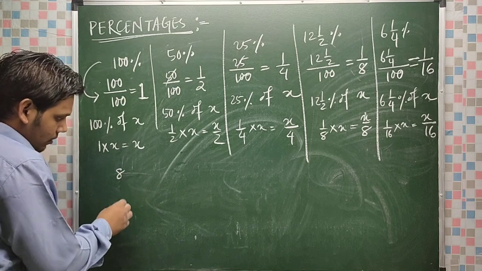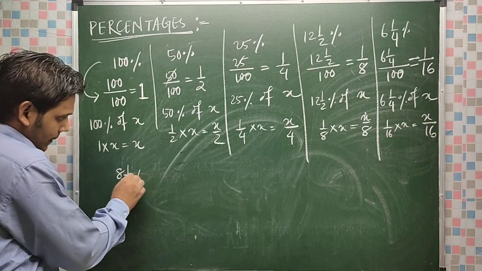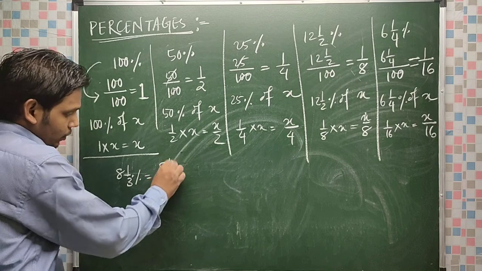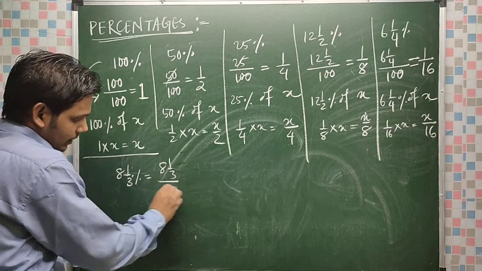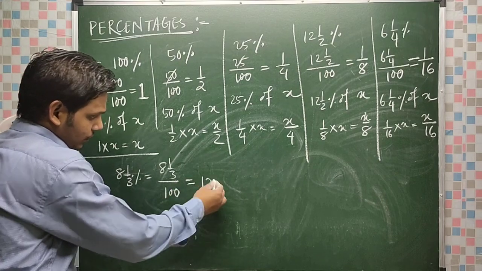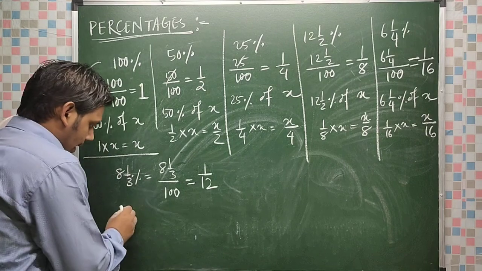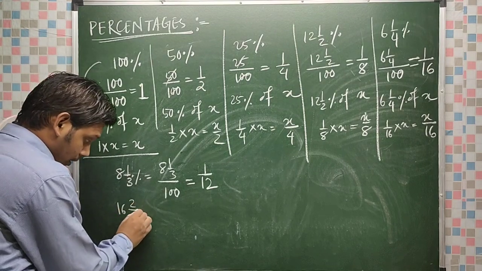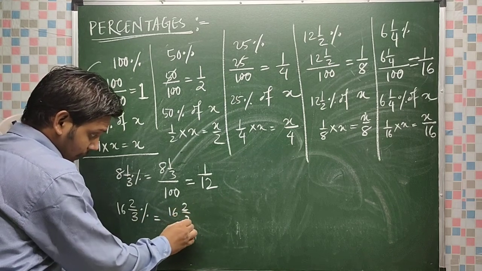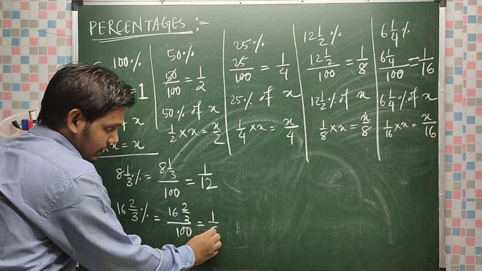8 and 1 by 3%, that is what? 8 and 1 by 3 by 100, that is 1 by 12. And thereafter 16 and 2 by 3%, it is 16 and 2 by 3 by 100. If you solve, you will get 1 by 6.